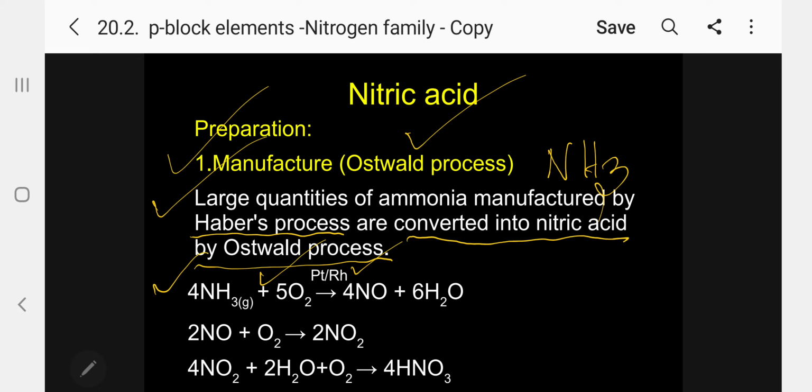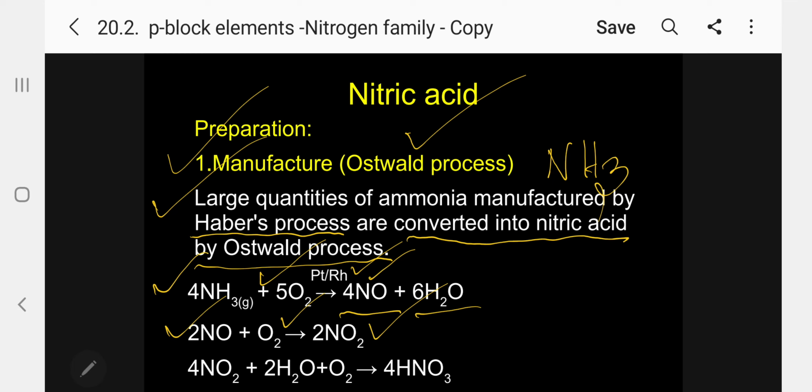Kindly follow. 4 moles of NO and 6 moles of H2O. The NO, nitric oxide, is formed, 4 moles. Then next, 2 moles of NO react with oxygen to produce 2 moles of NO2. Kindly follow.